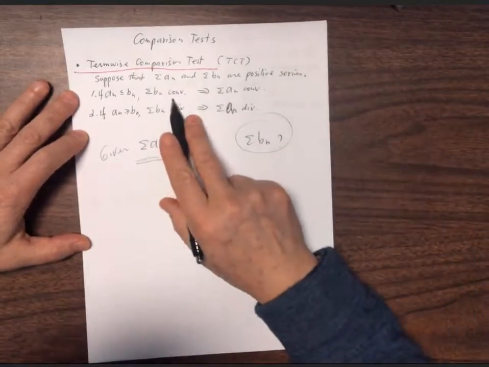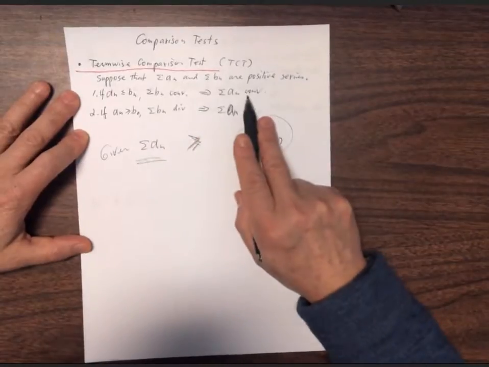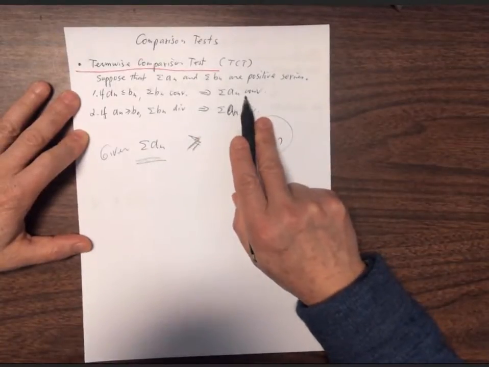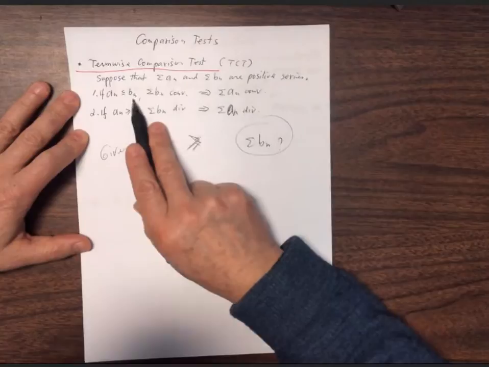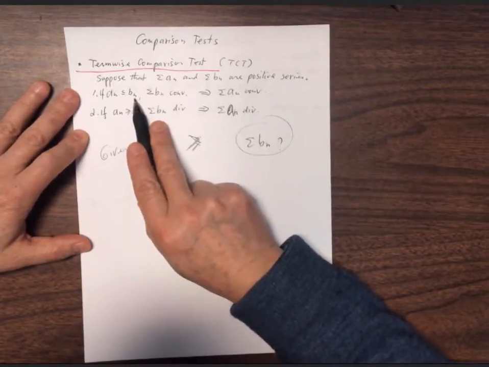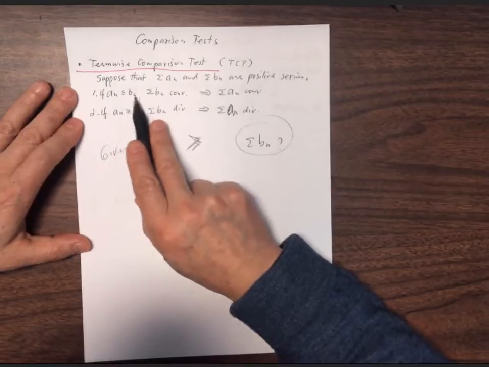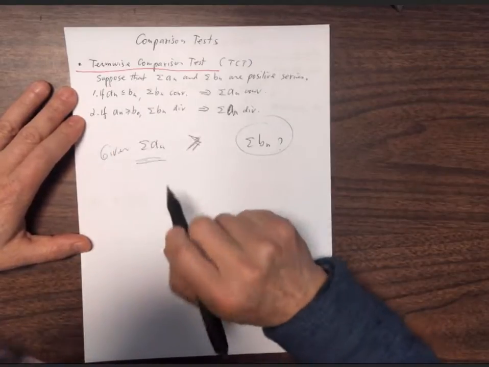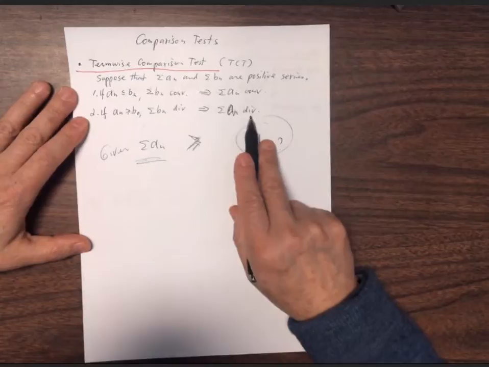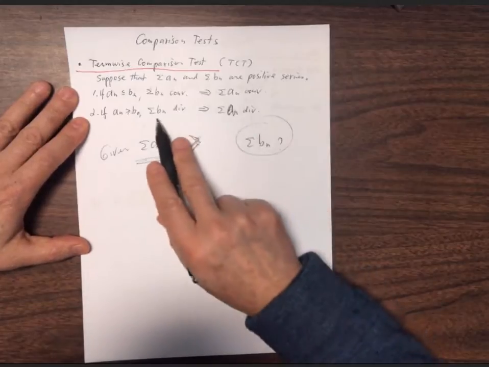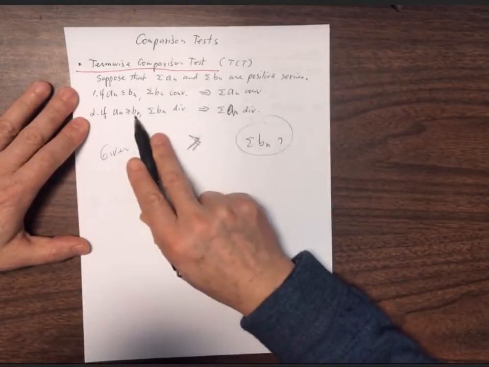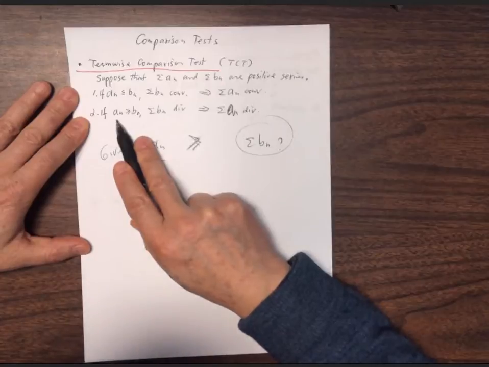From the result, we can see if we want to show a series converges, we have to find a larger series with greater numbers. If we want to show a series diverges, we have to find the sigma bn with bn's smaller than an.